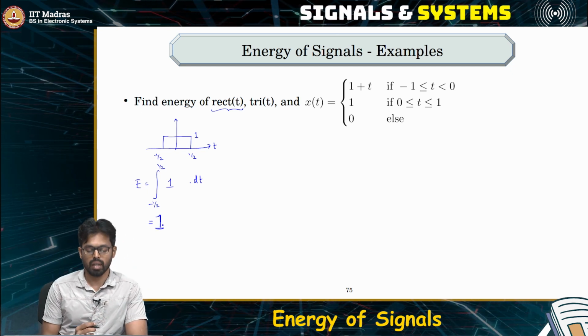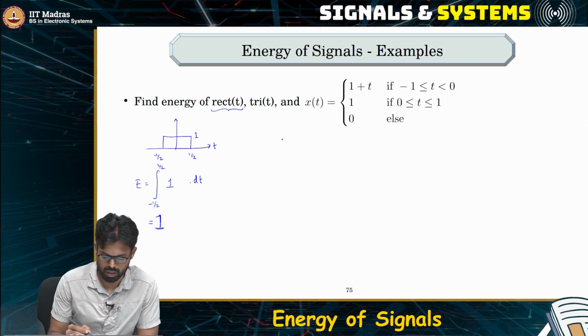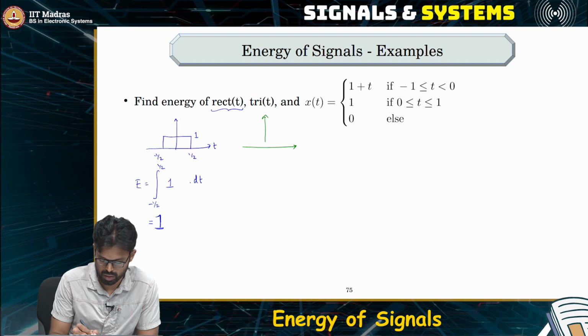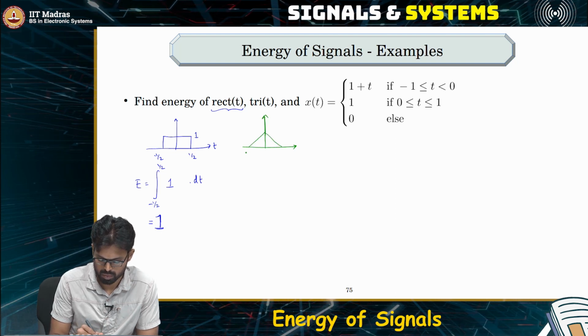So the energy of the rectangular signal is 1. Okay. All right. What about the energy of the triangular signal?